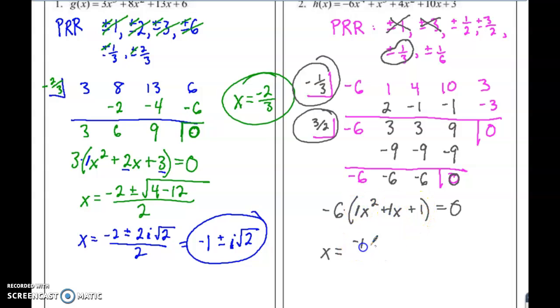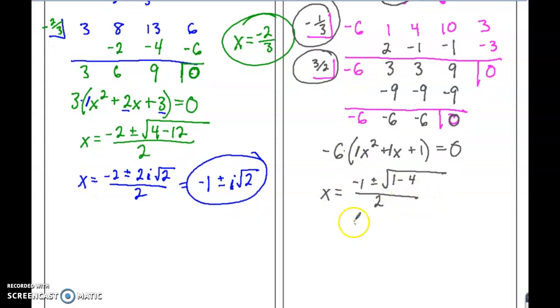So it's -b plus or minus the square root of b squared minus 4 times a times c, all over 2 times 1. And as we simplify that, 1 minus 4 is -3. Again, I like to write my i in front of the root all over 2. And there's nothing to simplify there.